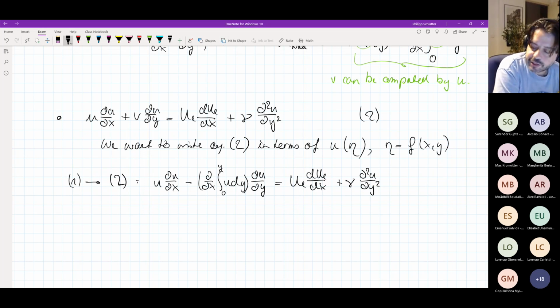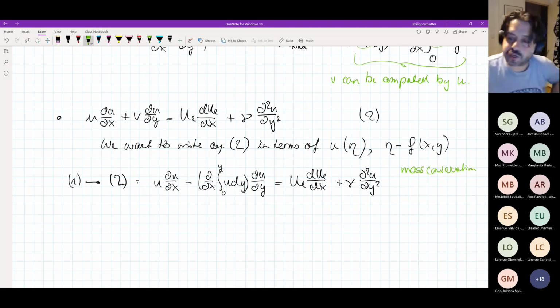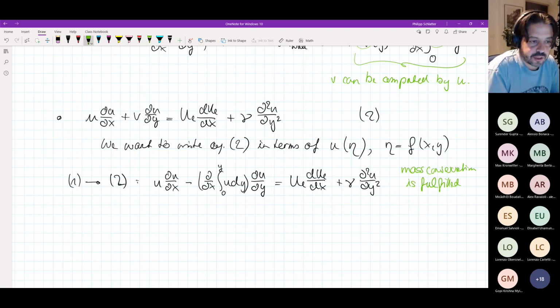Now I included the expression for v into this equation. And now I have one equation in u where I know that the continuity equation is already included. So the mass conservation is fulfilled, and I don't have to worry about the continuity equation anymore.